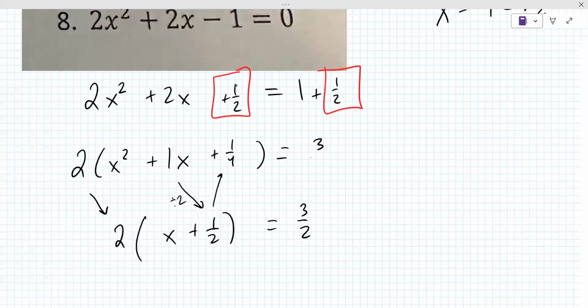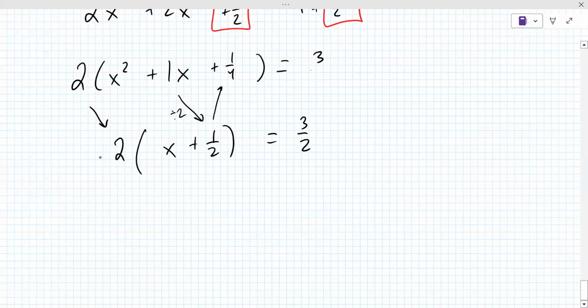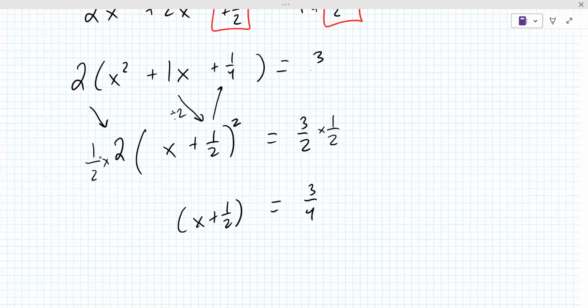Okay, so then 3/2 divided by 2. I'll probably do that first. You can also think of it as multiplying by 1/2, which might be better, especially when you're dealing with fractions on one side. That's 3/4. So then x plus 1/2 squared equals 3/4.